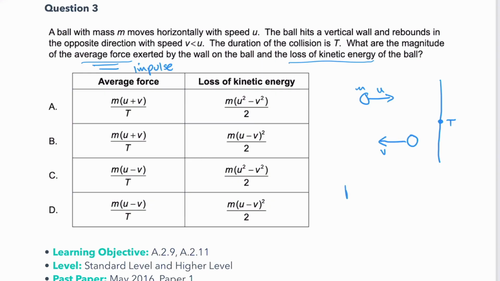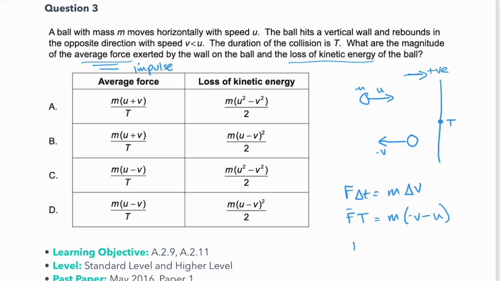So let's write down the equation for impulse. F delta t equals m delta v. We know that delta t in this case is equal to big T. I'm looking for average force. So F t equals m delta v. Now we need to be careful here because we've got to choose a direction as positive. So let's choose right as positive and left as negative. Change in velocity is the final velocity minus the initial velocity. Final velocity is going to the left, so it's negative, minus the initial velocity, that's positive.